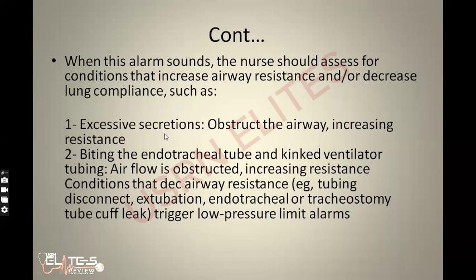When a patient has excessive secretions within his or her endotracheal tube or tracheostomy tube, this obstructs the airway and increases the resistance by which air has to be forced into the lungs, okay? So that makes the airway pressure higher.